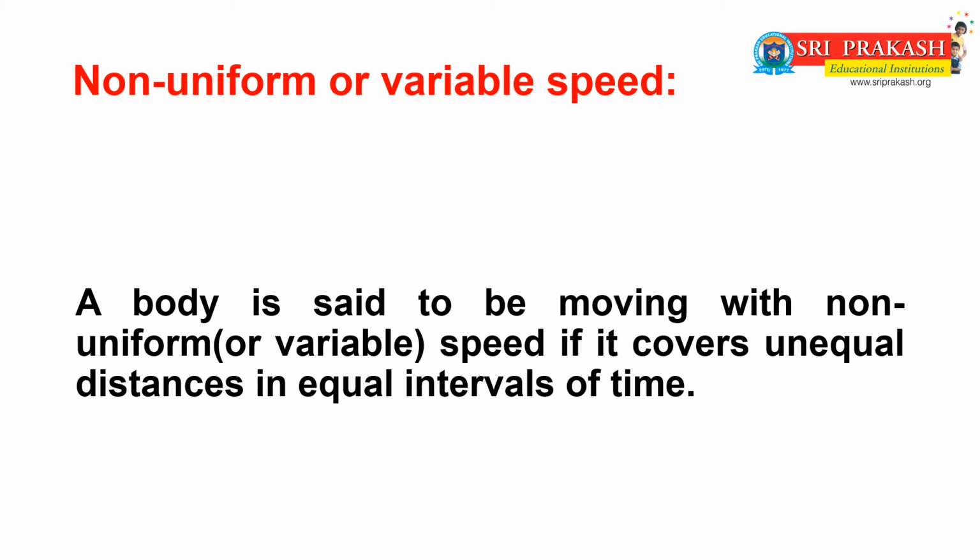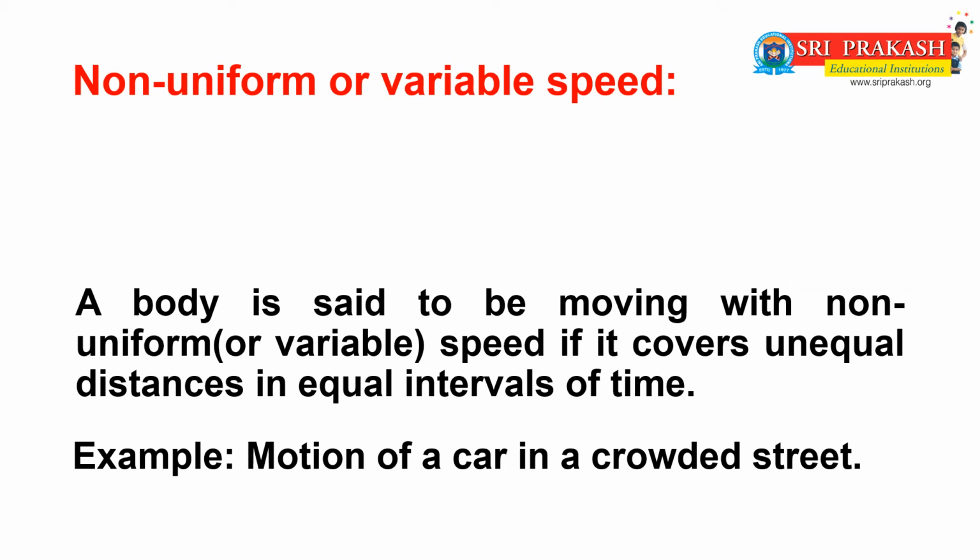Since the car cannot move with the same speed throughout its journey, it is said to be in non-uniform motion, or it is said to move with non-uniform speed or variable speed. So it happens when the vehicles move in traffic.